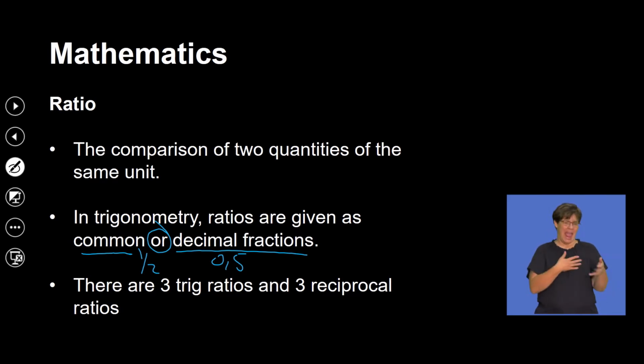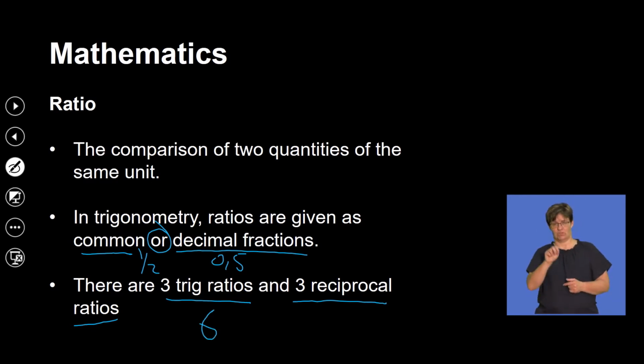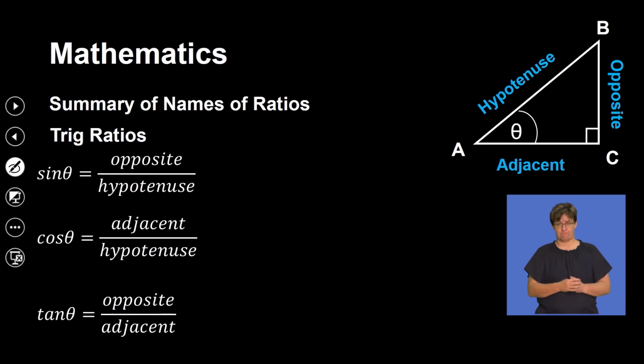But you know that every whole number is a fraction divided by 1. There are also 3 trig ratios that we look at, and they have their reciprocals, which are also 3. So in total, I have 6 ratios that we look at in trigonometry.